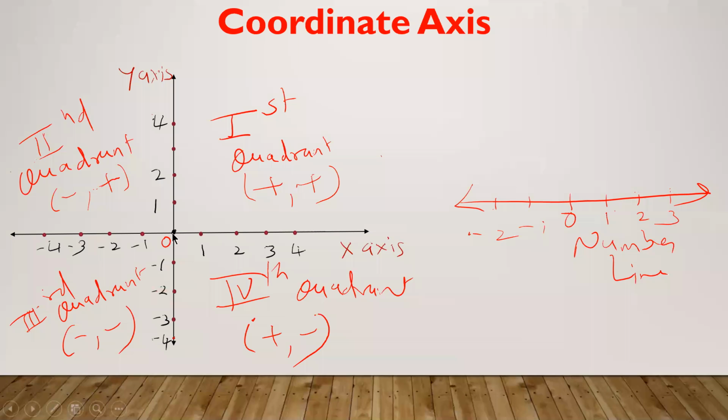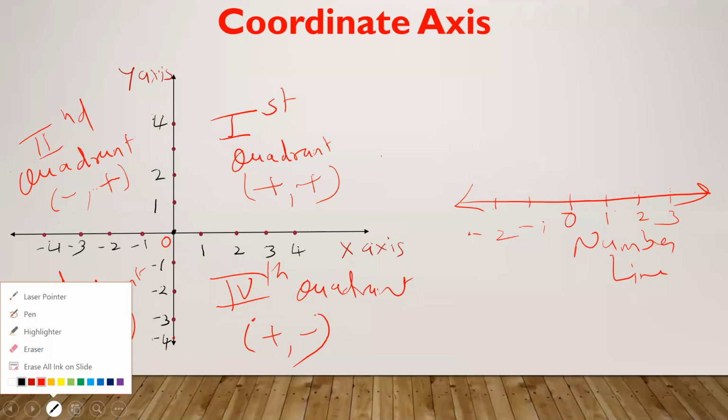The horizontal line I will call x-axis. The vertical line I will call y-axis. To the right side of 0, I have positive numbers. To the left side of 0, I have negative numbers on the x-axis. On y-axis, above 0, I have positive numbers 1, 2, 3, 4.